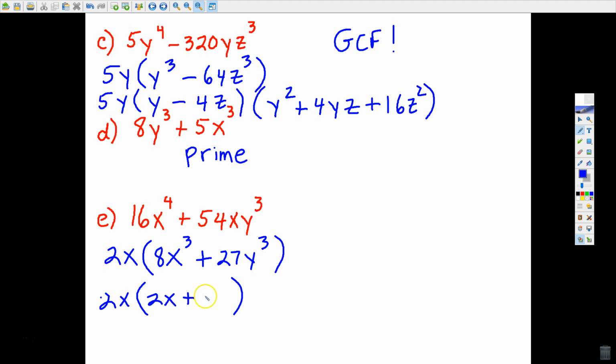Plus, and then cube root of 3y. All right, that's the binomial. And now what's the trinomial? You got to square this whole 4x squared. Good. The sign. What sign would go here? 6xy. And then what sign? Good. And we're done. So that is the complete factoring for letter E.